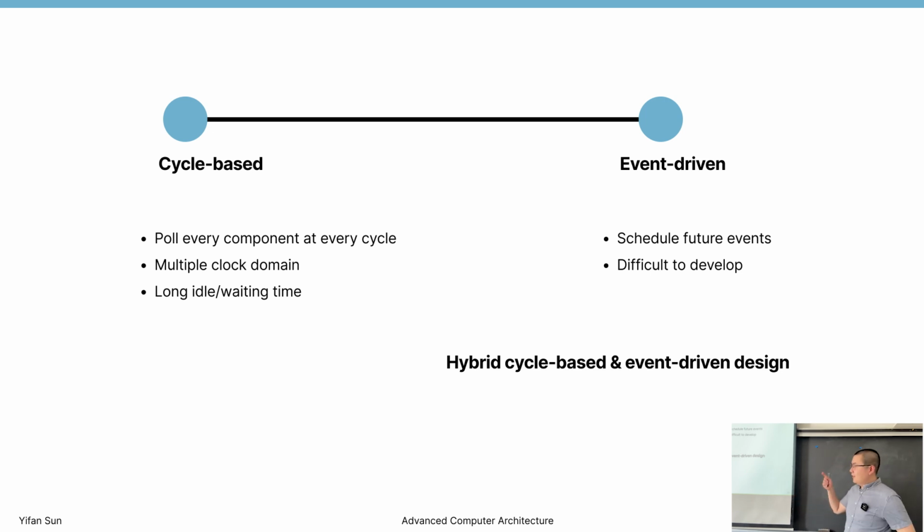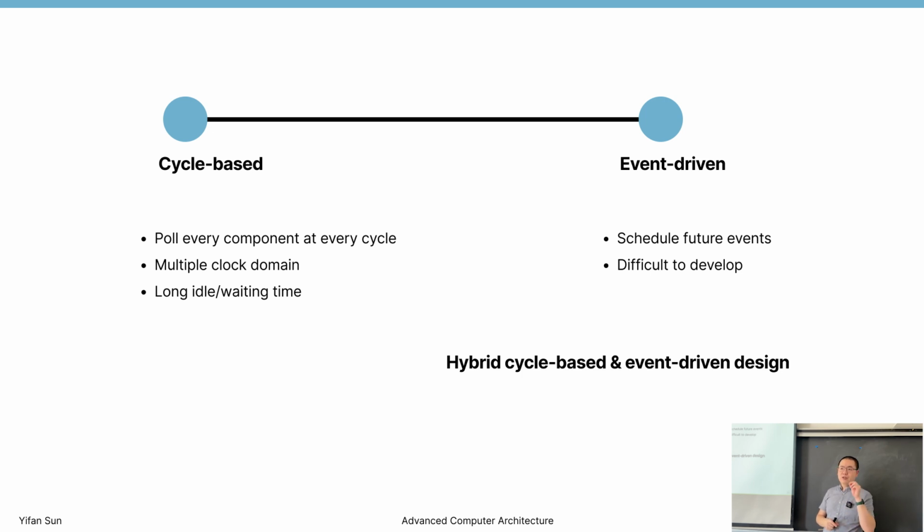Then Akita takes another different way to implement hybrid cycle-based and event-driven simulation. Akita is event-driven at the bottom, right? But 99% of the events are a special event called tick event.